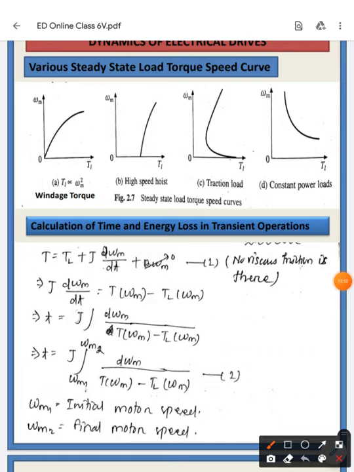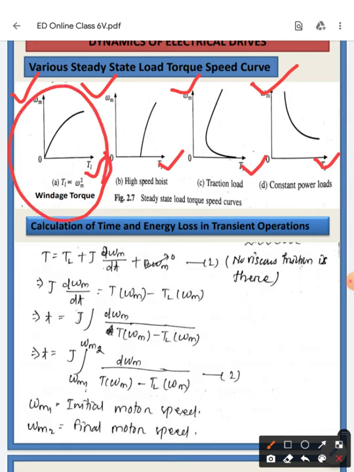These are some examples of various steady state load torque speed curves. All the y-axes are shown as the speed and all the x-axes are the load torque. The first figure shows the speed torque curve due to the Windage torque.